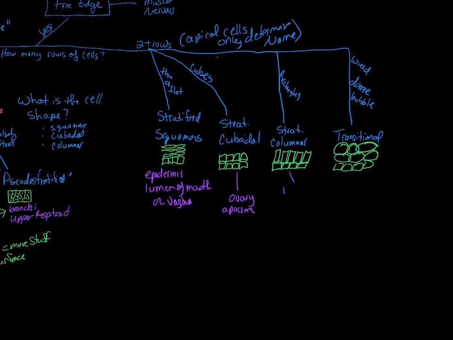Stratified columnar, we want to make a note that it's rare. We're not going to find very many examples. One place you can find it is the parotid gland and also parts of the male urethra. Transitional, you've got bladder and ureter. Okay?